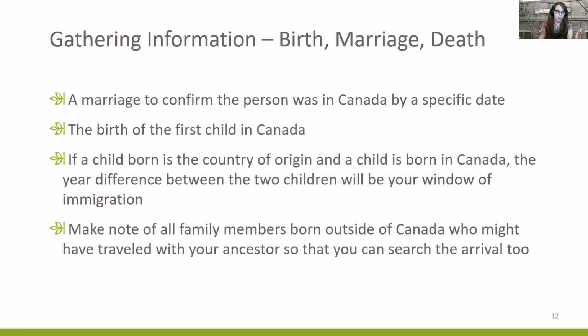So if you have a child born overseas in 1890, but then a child born in Canada in 1893, you can fairly confidently say that family arrived sometime between 1890 and 1893, and then you have a nice narrow window for your year of arrival, and that allows you to open up your searching in the name and the surname and so on and so forth.